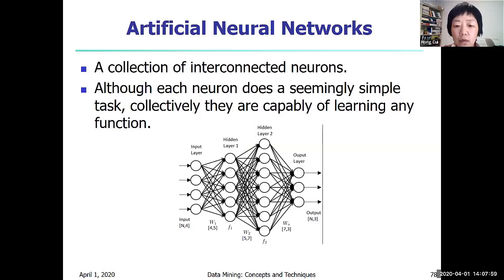So in reality, when we implement an artificial neural network, it's just a collection of interconnected neurons, and every neuron performs a very simple function. It receives input from the previous layer and dispatches output to the next layer. But with every single node performing very simple functions, miracles happen in the end.